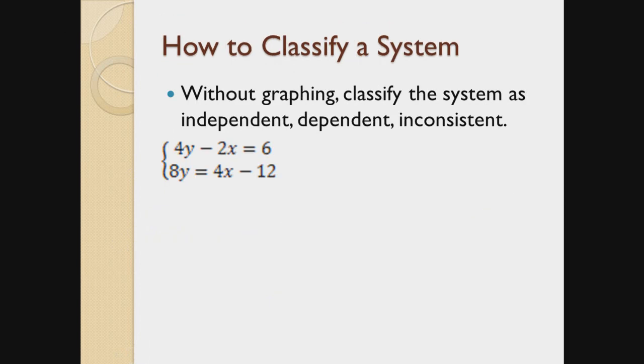Let's look at how to classify a system. Without graphing, classify the system as independent, dependent, or inconsistent. To do so, we are going to solve the equations as if we were going to graph them. Then we're going to look at our equations and try and break them down to decide what they are going to do. So let's start with the first equation. 4y minus 2x equals 6.